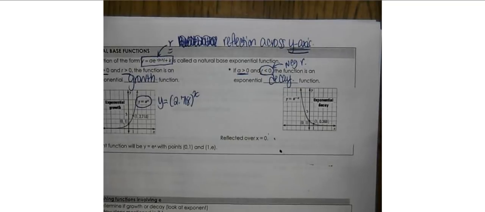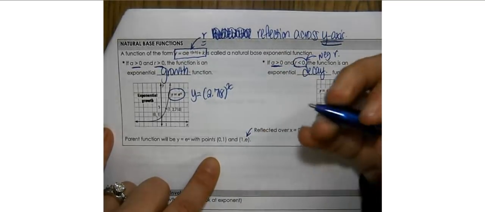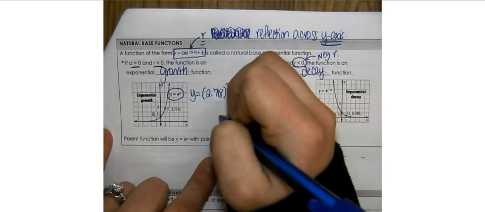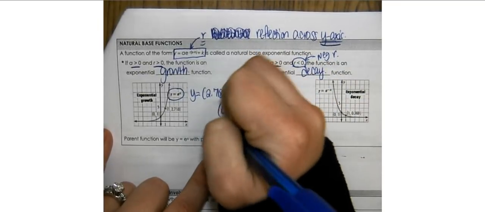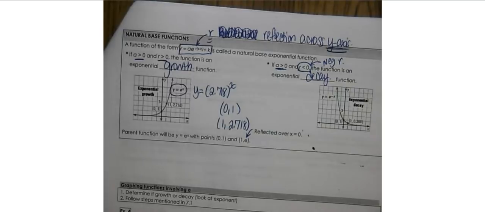Please note that the parent function ordered pairs are still going to be (0, 1) and (1, b), but since e is your b value, you're going to use the ordered pairs (0, 1) and (1, 2.718). Whenever you plot these points, you're going to approximate where it's located on the graph. We're going to be working with decimals a lot.